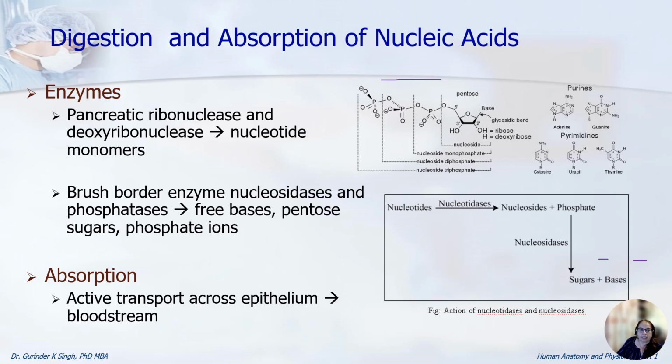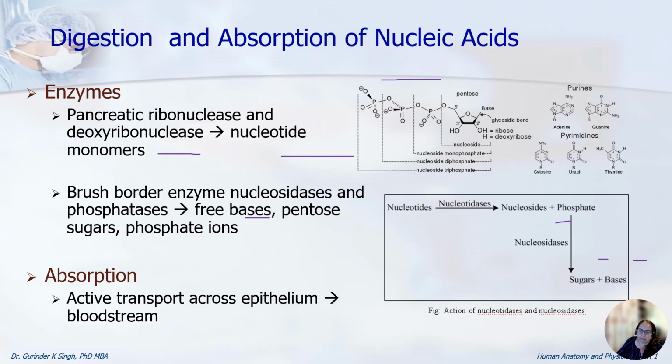The enzymes which break them down will be ribonucleases as well as deoxyribonucleases, and they will convert them into their nucleotides. From the nucleotides, the brush border enzymes present in the intestine cells will change them into nucleosides, and the enzymes which work there are nucleosidases, which change them into sugars and nitrogen bases.